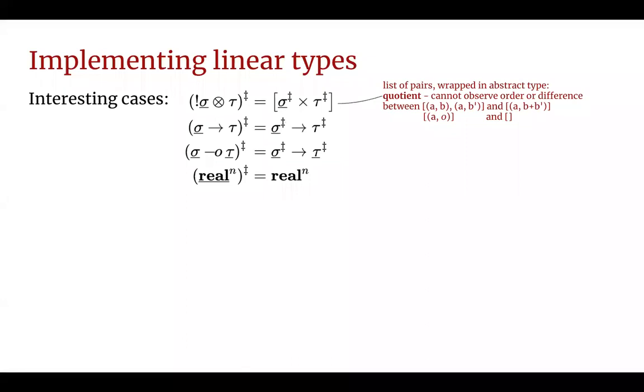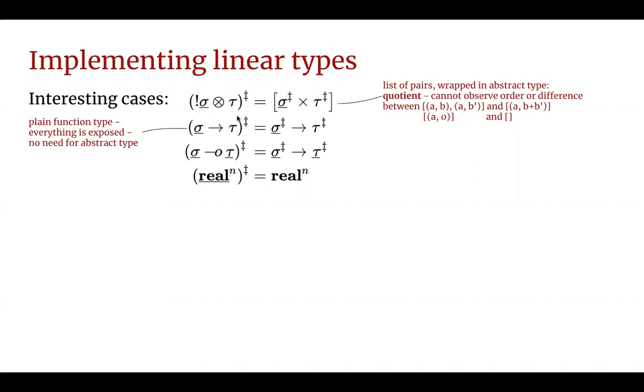By only letting the programmer make use of the type in certain ways, we make sure that the order of elements in the list cannot be observed and that certain linearity properties are respected. So effectively, by taking this abstract type, we're taking a sort of quotient of the type semantically.